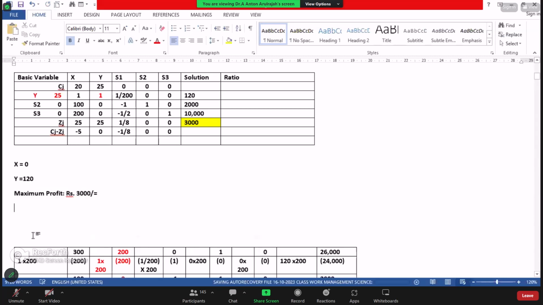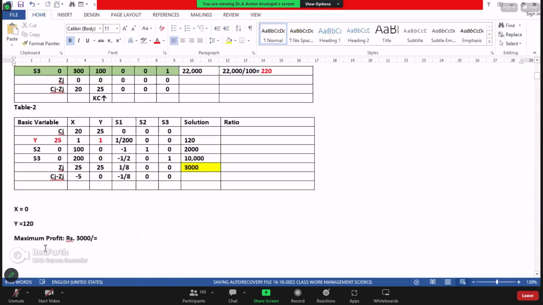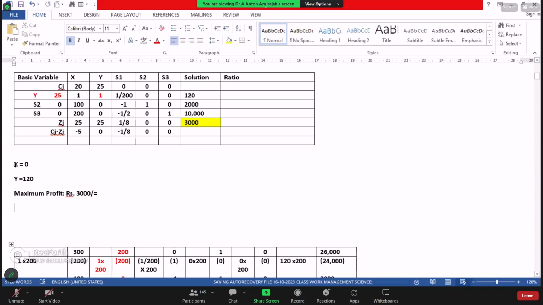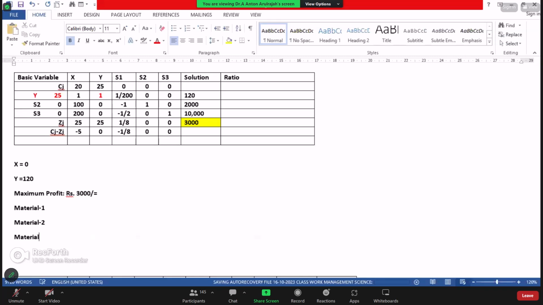The resource utilizations. Can you say what is the resource utilization? Material 1, how many units or kilograms are used? Material 2, material 3. So material 1, how many units are used?